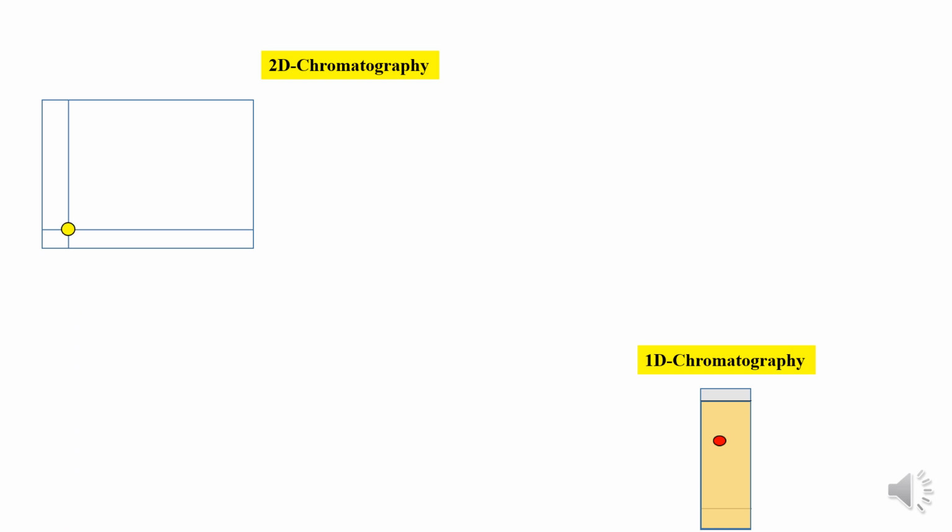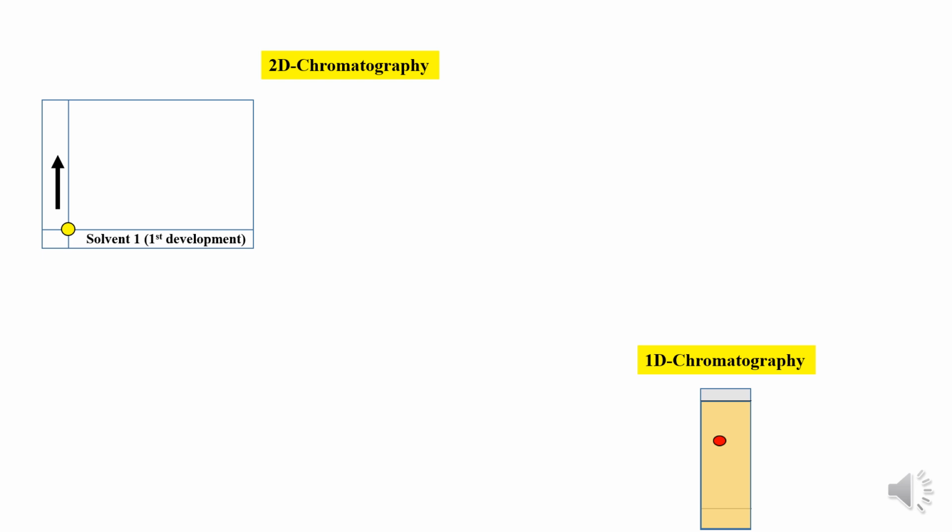Apply the given sample mixture over the point where the two margin lines intersect. Now the arrow indicates the direction of development of the mobile phase, or the direction in which the mobile phase travels through the stationary phase.